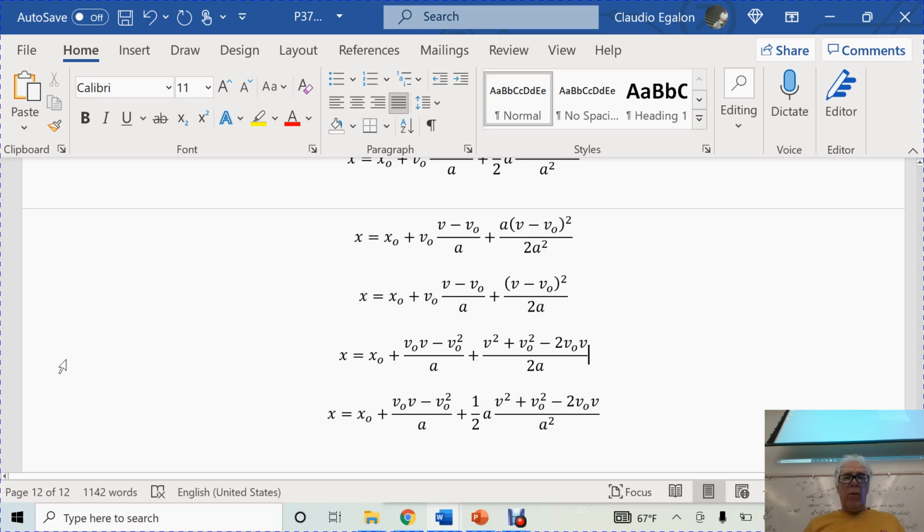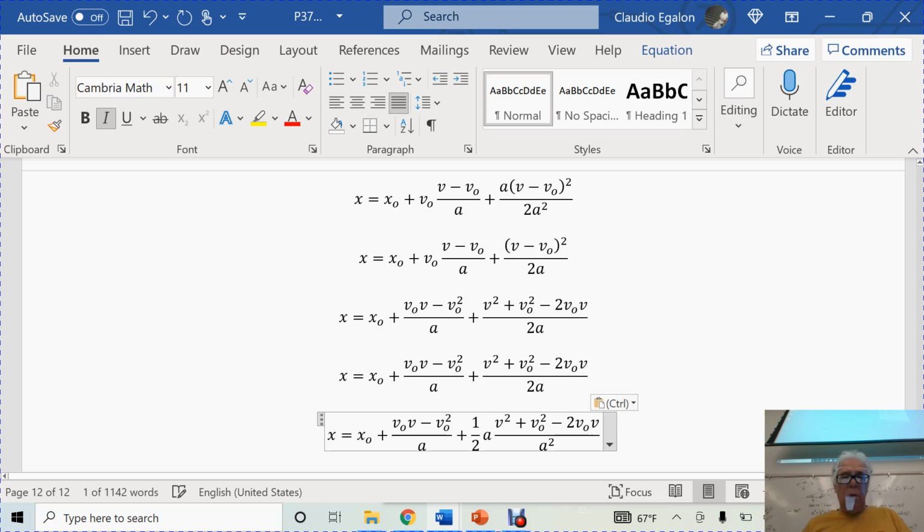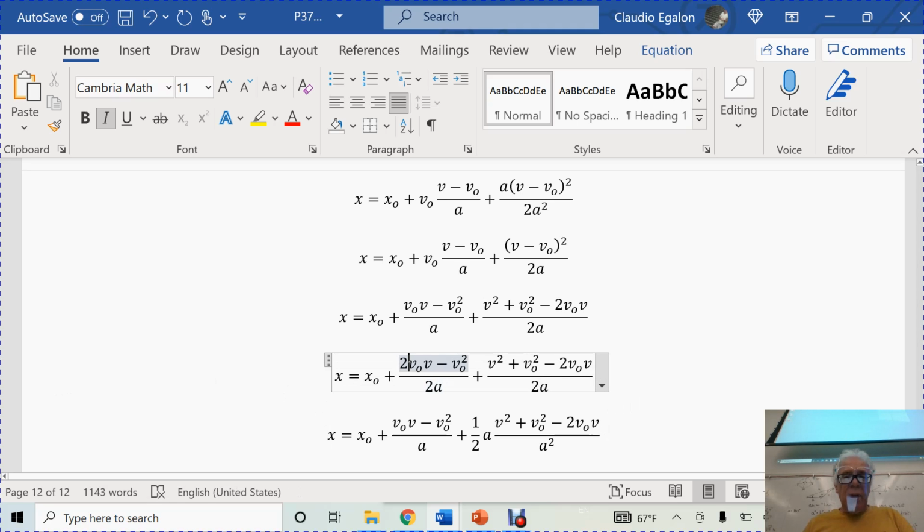So we may combine them provided they have the same denominator. Let's put them in the same denominator. We have a 2a downstairs here. So let's put 2a here too, but let's make sure that the equation doesn't change by multiplying above by 2 as well. Right? I'm dividing and multiplying by 2. And now I can combine those two fractions because they have a common denominator. Okay?